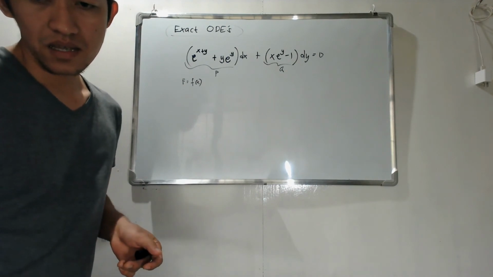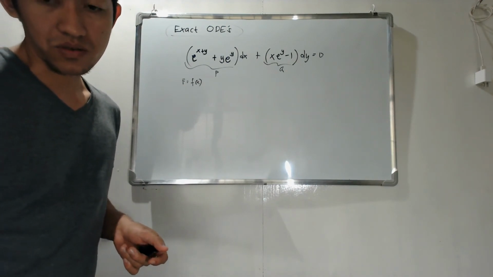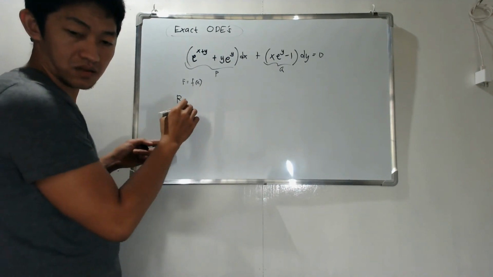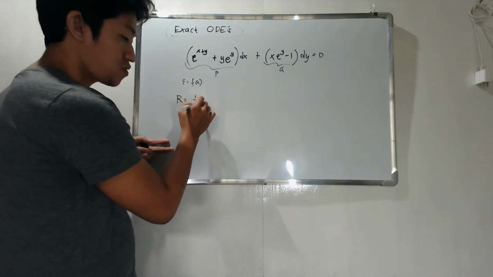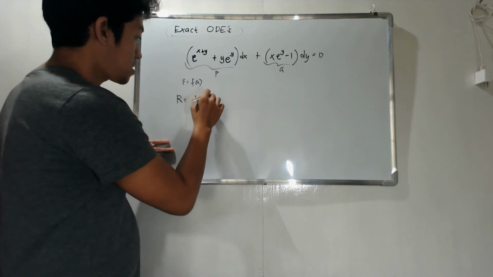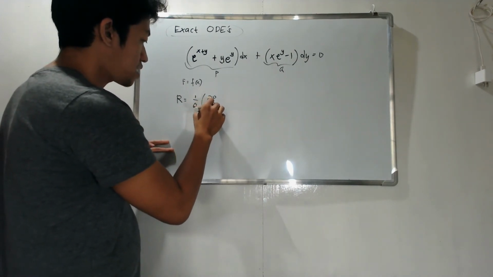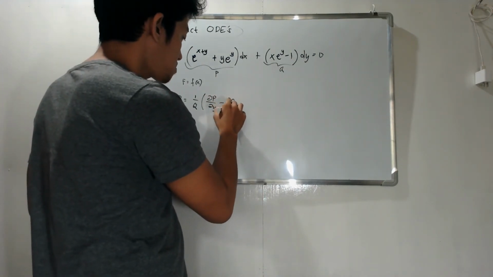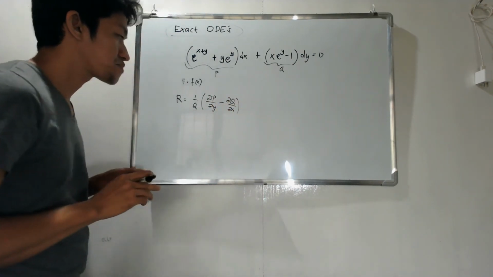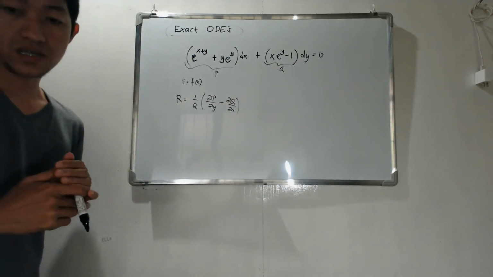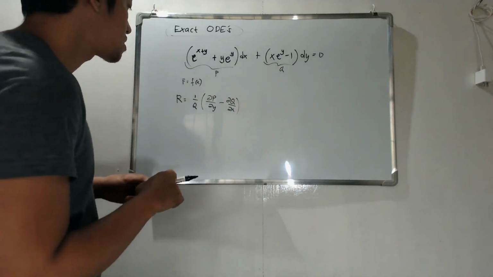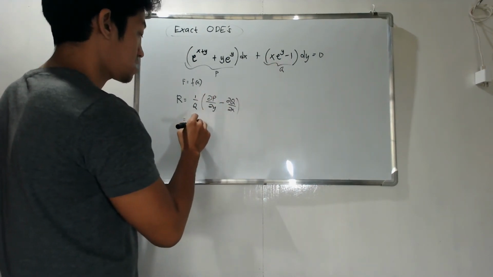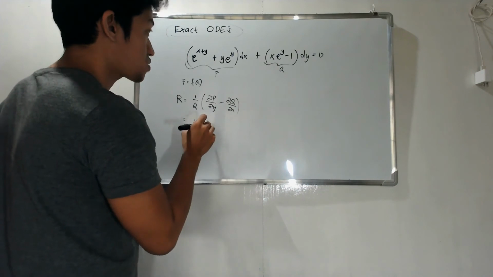So you use this one: R is equal to 1 over Q times partial of P with respect to y minus partial of Q with respect to x. What is your Q? X e to the y minus 1.